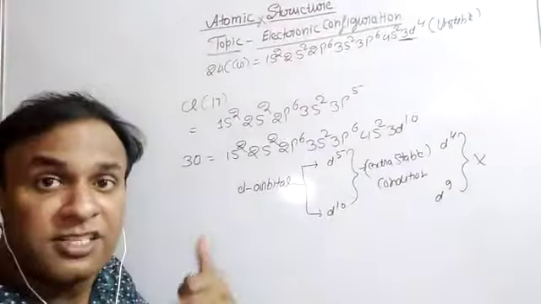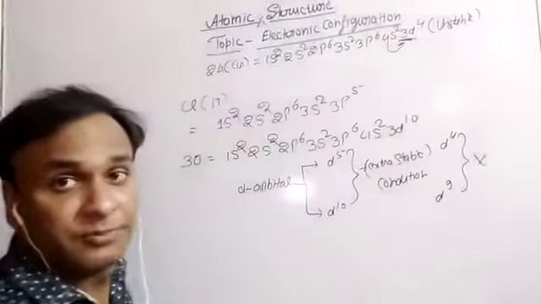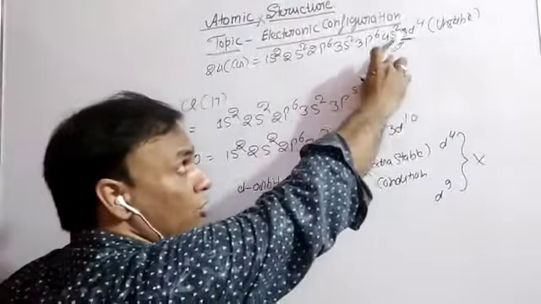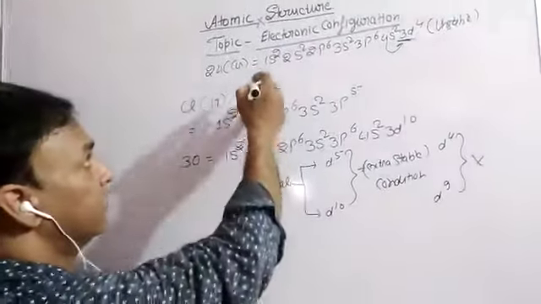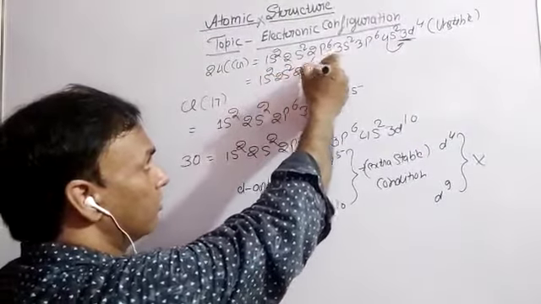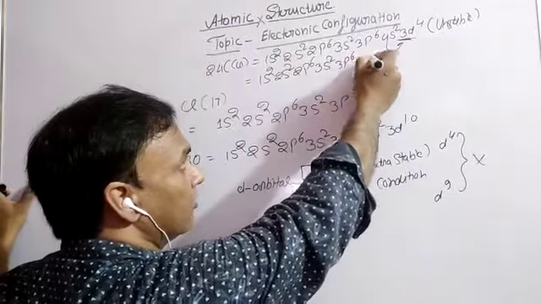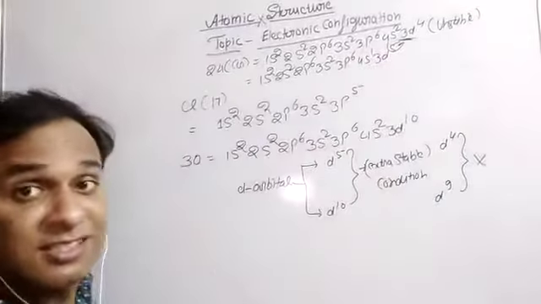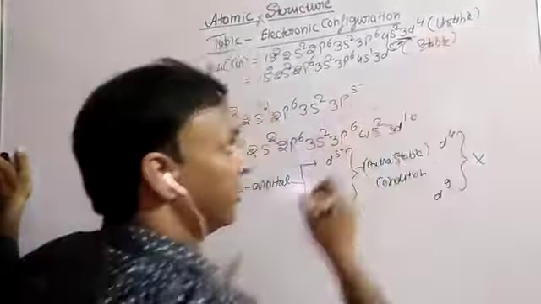In order to become stable, one electron is taken from its neighbor. One electron is transferred from the s orbital to the d orbital, and d4 turns into d5: 1s2, 2s2, 2p6, 3s2, 3p6, 4s1 and 3d5. This is the right, stable configuration.